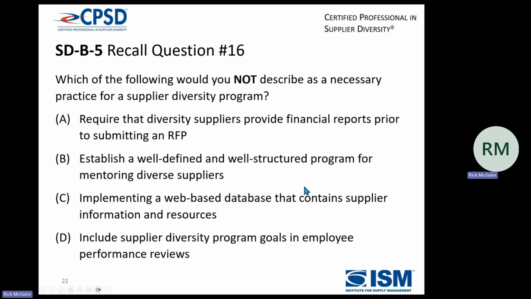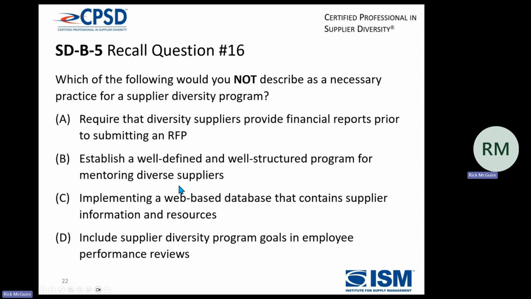Which of the following would you not describe as a necessary practice for a supplier diversity program? Man, this is a double negative. Which of the following would you not describe as necessary? Well, I don't think you would require them to submit financial reports prior to submitting the RFP, because all their finances aren't that good.